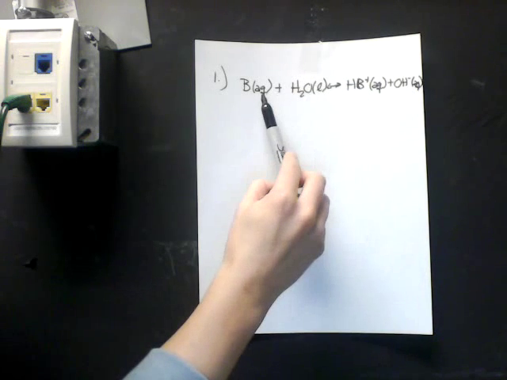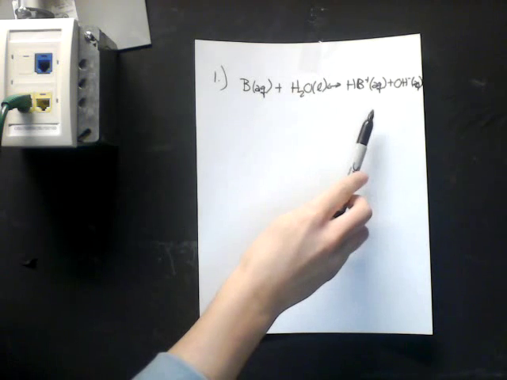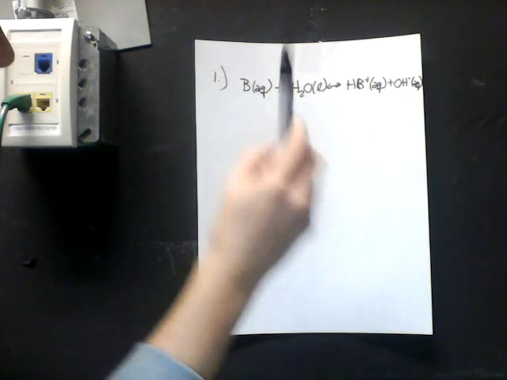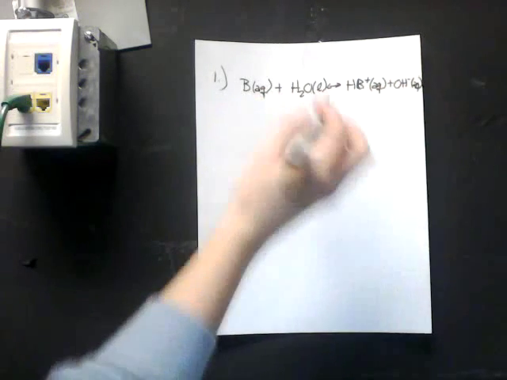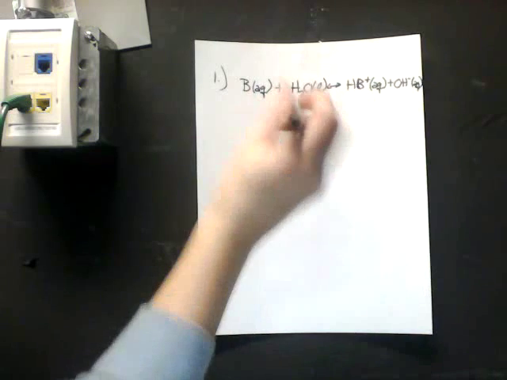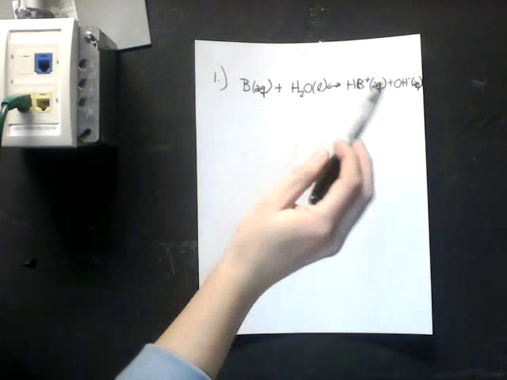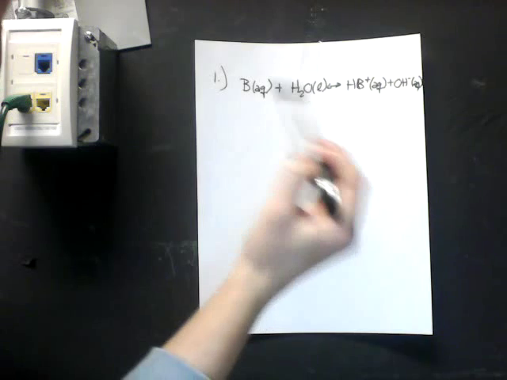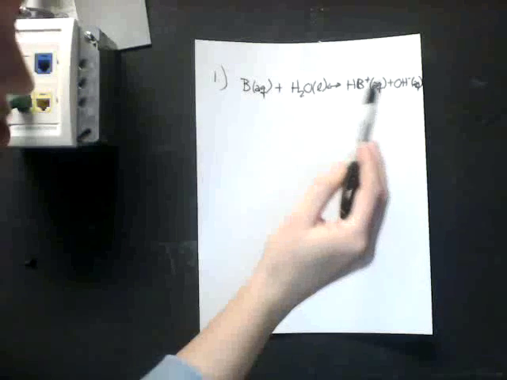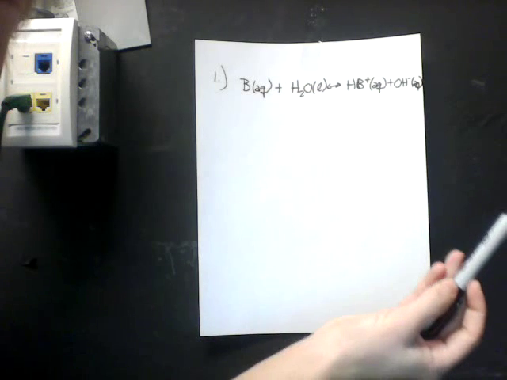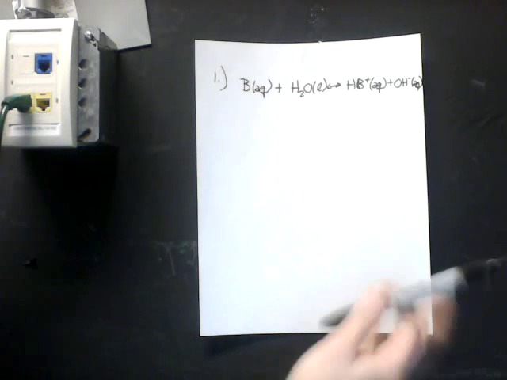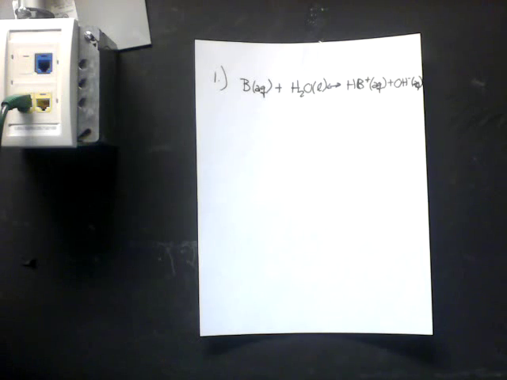You at least understand that if I add more of a product, I'm going to shift towards reactant. The ionization of B becoming ionized to HB+, this occurrence right here, will decrease because I added more of this. So that's the basic definition of what this question is asking.